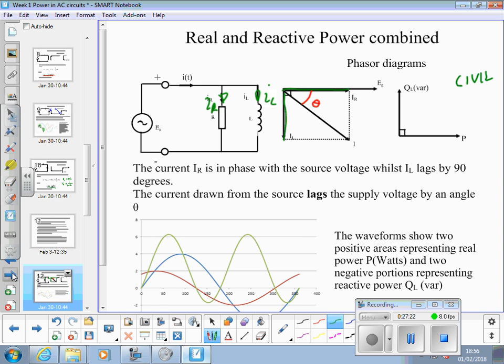That gives me an overall current for that circuit, because I can resolve those phasors, inductive current and resistive current, to get an overall current phasor down there at that angle. And I also can say I've got power that's horizontal, and I've got QL in var that's vertically upwards.